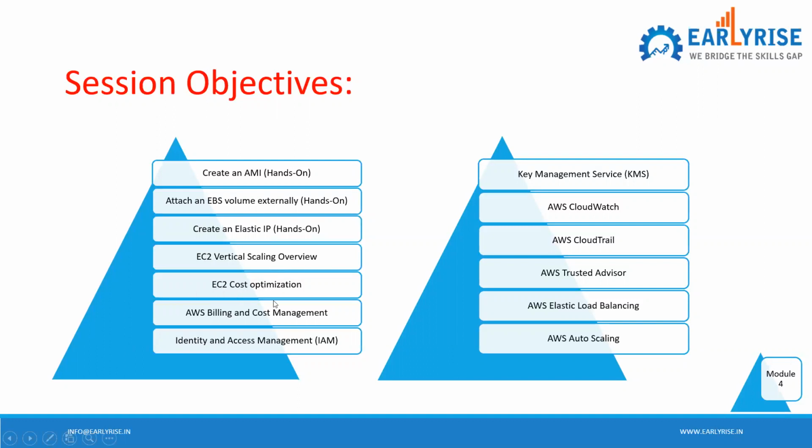So today we'll be discussing EC2 cost optimization, some aspects of billing and cost management, and then identity and access management. Additionally, we have a few more topics in line: KMS, CloudWatch and CloudTrail, some monitoring services.